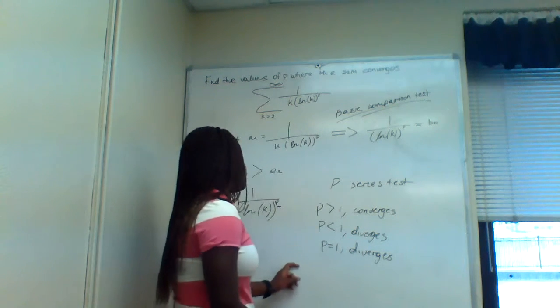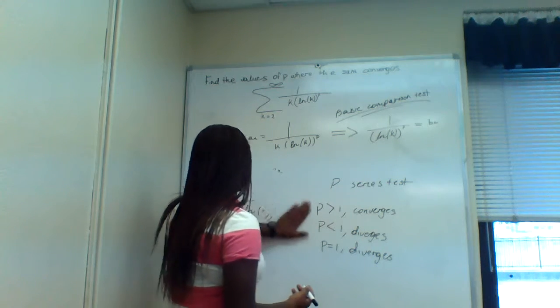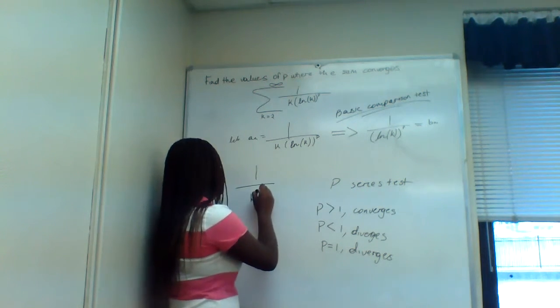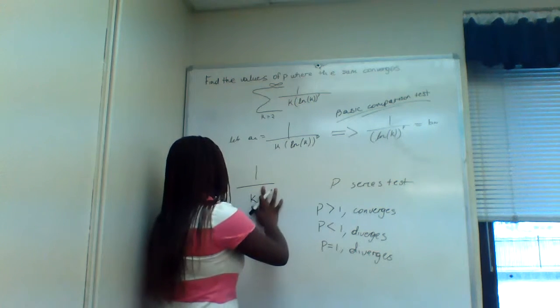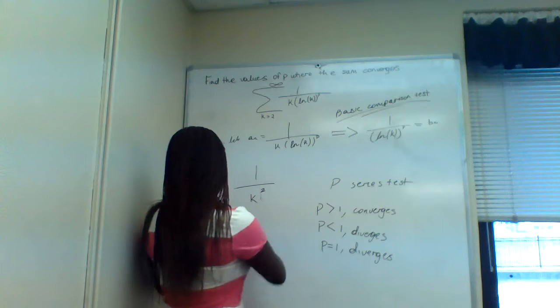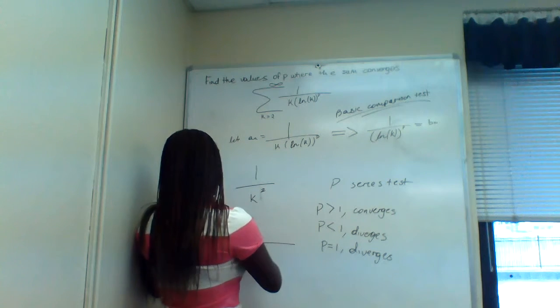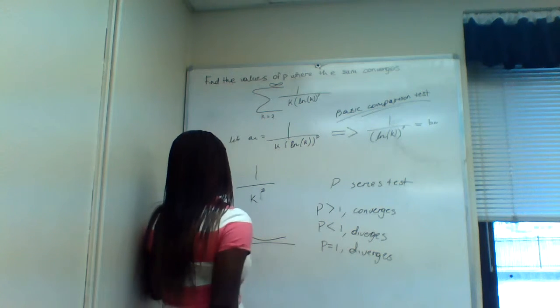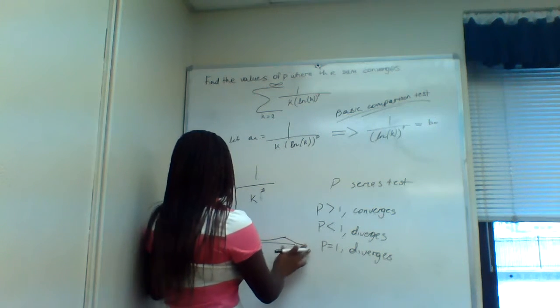The reason why is if you have something like 1 over k to the p, and let's say p is 2, when we look at the behavior of this, it would go like this, and it converges to 0.